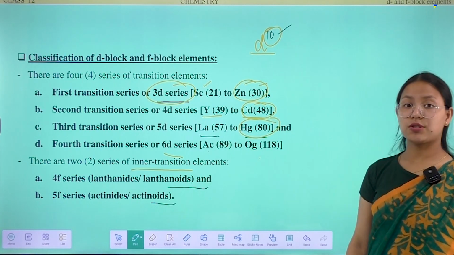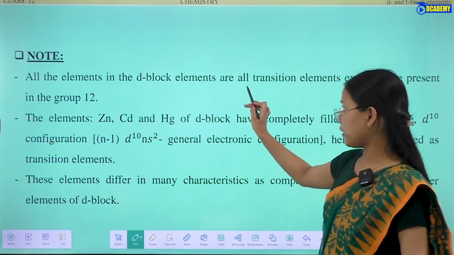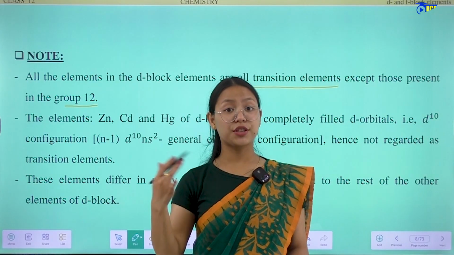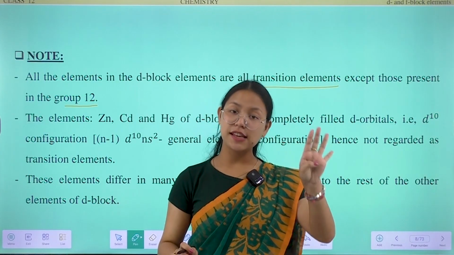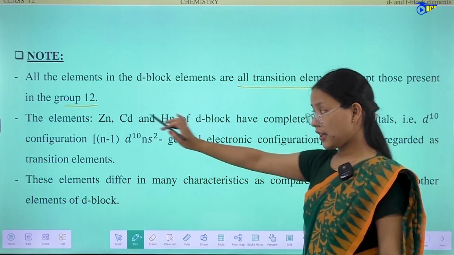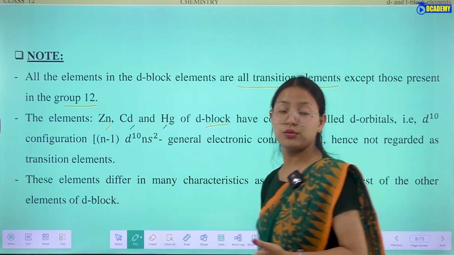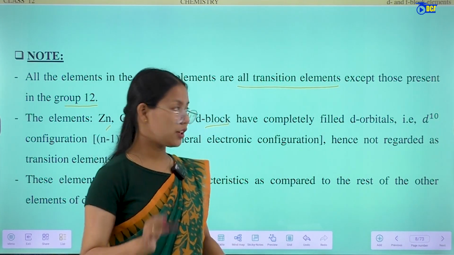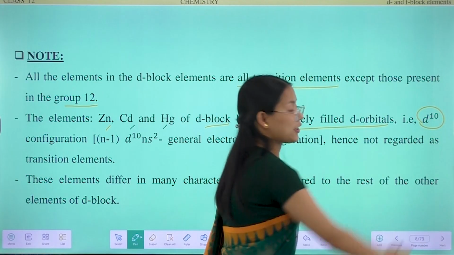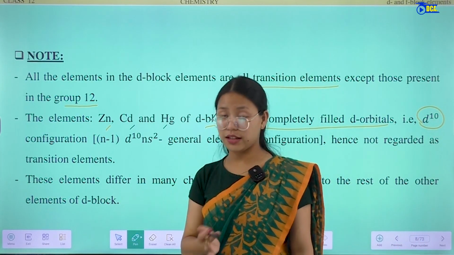They will have D10 electrons. Here, all the elements in the D block are transition elements except those present in group 12: zinc, cadmium and mercury. Although they are D block elements, they are not called transition elements because they have completely filled D orbitals, that means D10 electrons.